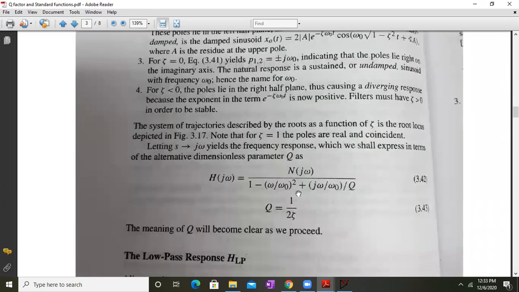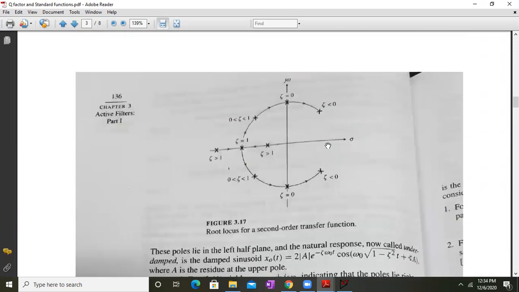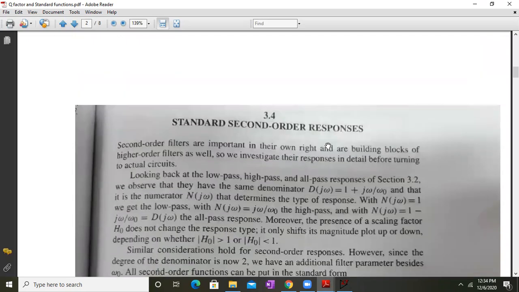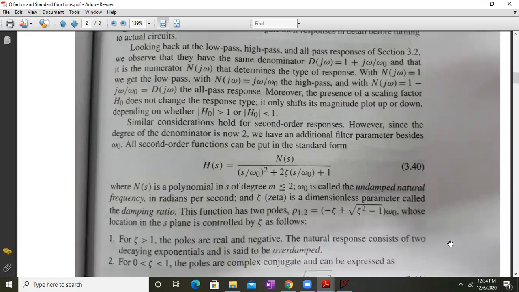So the general form will be, yeah, here it is. So basically you all can go through this text. This is explaining the standard second order responses of high pass, low pass, all pass and band pass. Okay, so you all can have a look at it.